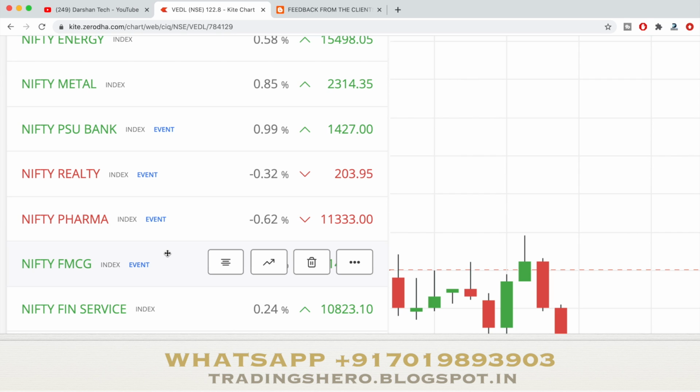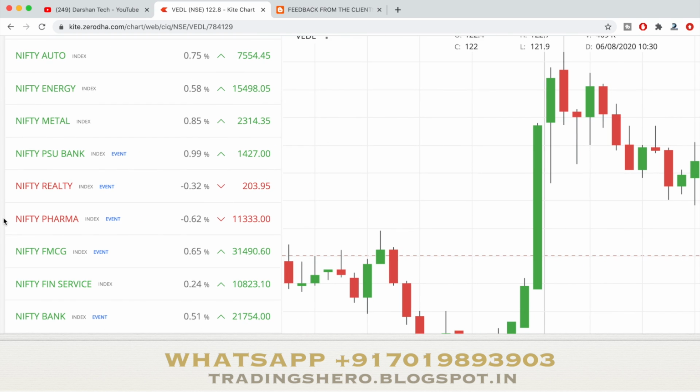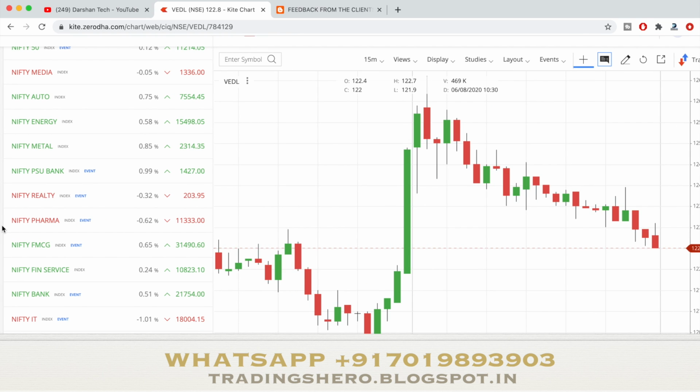Event means there will be some news on the stock or some announcement by the company. At that time there will be a lot of volatility or fluctuation happening in that stock. So it's better if you avoid stocks which are in the news or have an event. This is something you need to keep in mind.